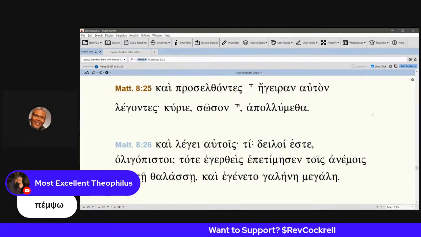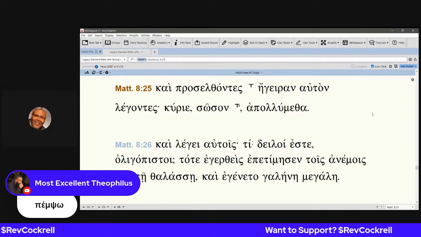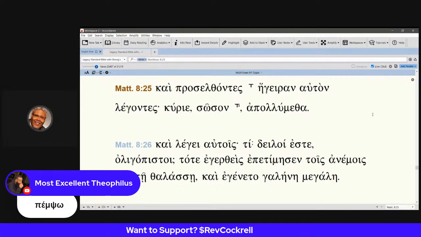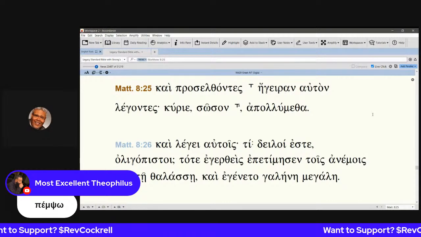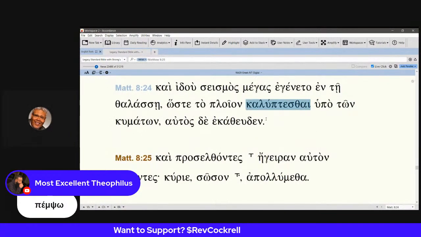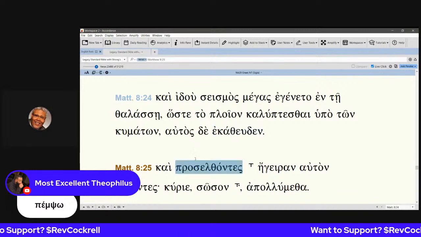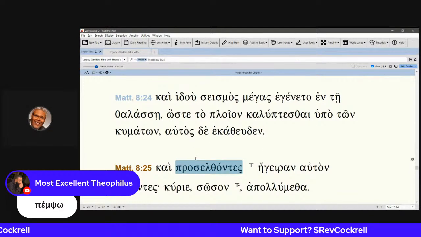Well, actually, if you start up at verse 24, it's very descriptive. These present tense verbs are very powerful when you read it in the Greek and see the picture that it's portraying.